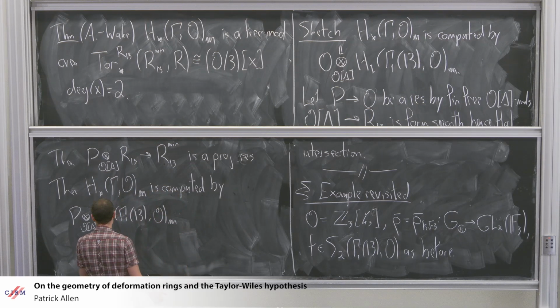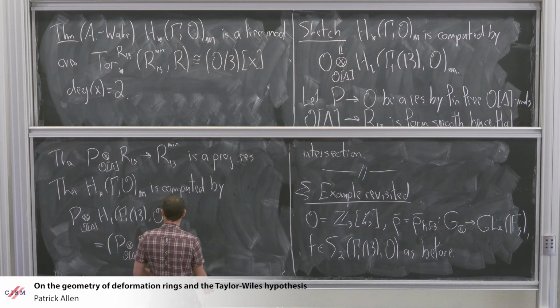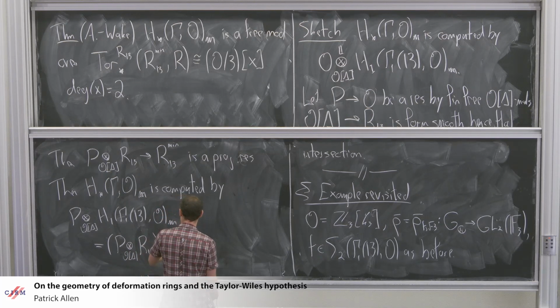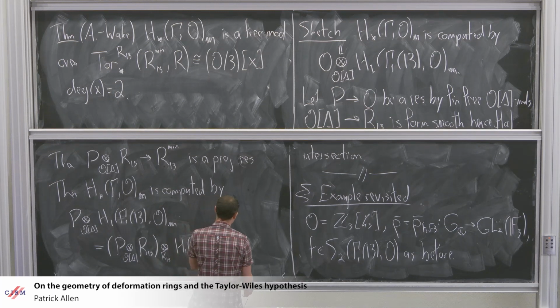But that's the same thing as if I take P tensored over O delta with R13, then tensored over R13 with H1 gamma 1 13 O m.